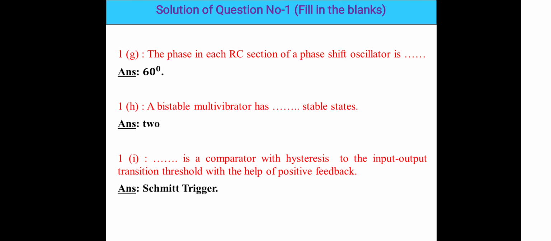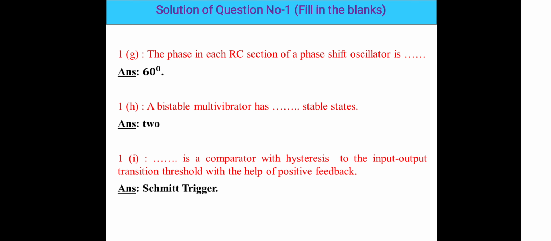Next: the phase shift in each RC section of a phase shift oscillator is 60 degrees. In each RC section, the signal is shifted by 60 degrees only. A bistable multivibrator has dash stable states.